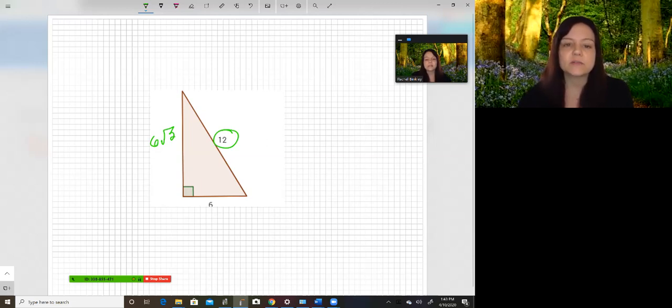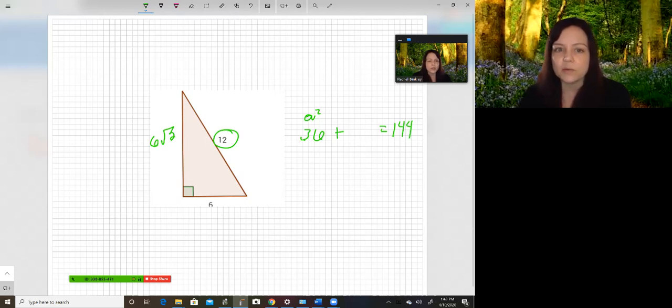Okay, because it's a right angle, we could go through the same thing. We could say if A is 6, A squared would be 36 plus B squared equals 144, right? If we make that other side 6 root 2, which is what it would be in a 30, 60, 90 triangle, then our B would be 6 root 2.